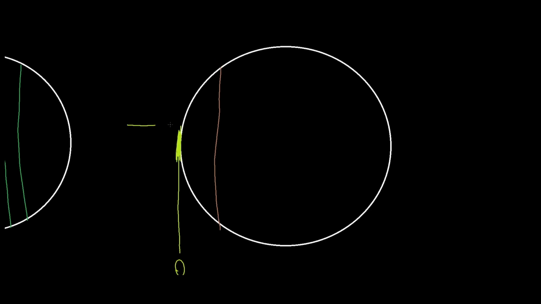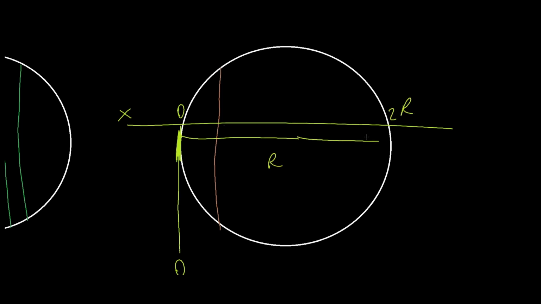Okay, well, let's say this is 0. So this specific point of the circle is at the index 0. And assume that we are in a coordinate plane. So this is the x coordinate, and this is the 0, this is the 2r, because the radius of our circle is r, so r plus r is 2r.